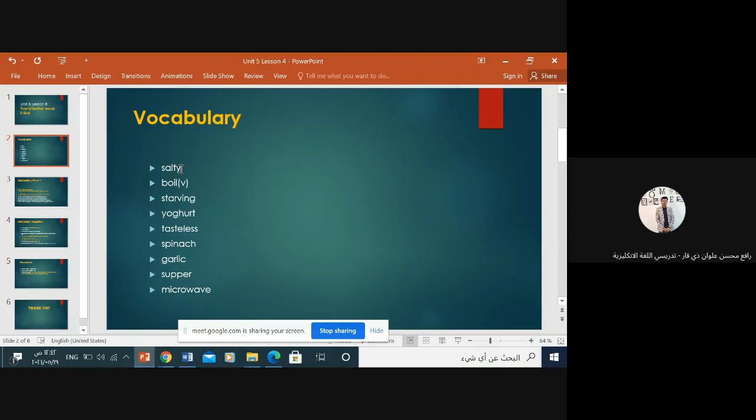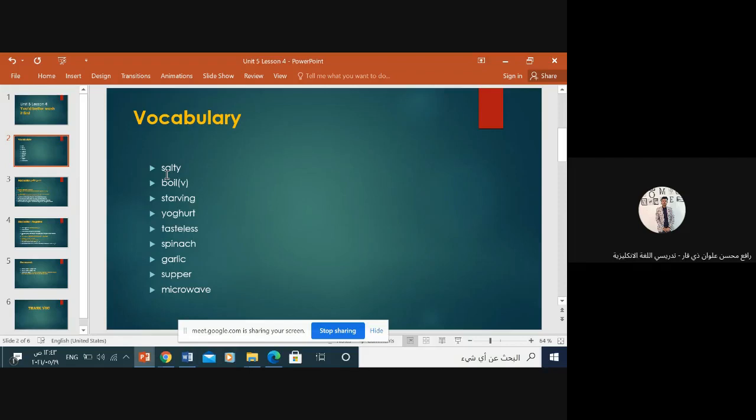Please look up the meanings of these vocabularies and write them down in your notebook. Try to memorize them, repeat them, and say out the pronunciation.